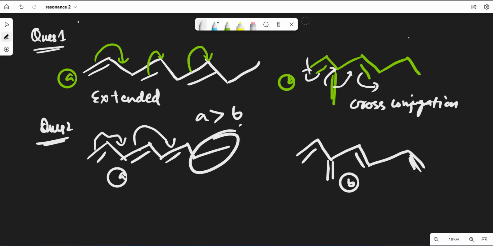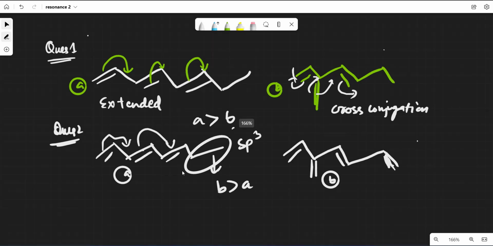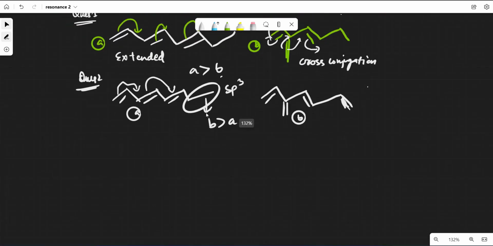The issue here is that this is sp3 hybridized, and remember, the one which has more resonating structures will be better, and we compare extended and cross conjugation when they have the same resonating structures. This is sp3, so it will mess this up, whereas this is sp2, so the conjugation will go on. So this is one of those examples where B is greater than A, even though one is extended and the other cross conjugation, and the answer differs.